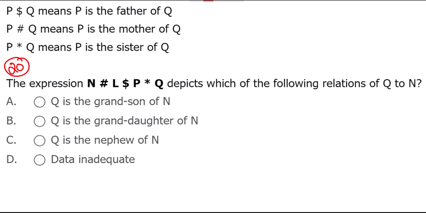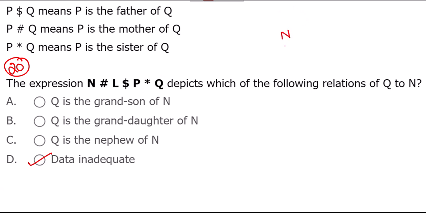Q to N: first of all, I have to know Q's gender. I think data inadequate may come as the last option, because whenever P is sister of Q, Q may be brother or sister of P. Let me see what I can conclude after solving.